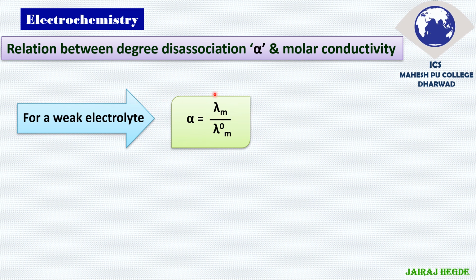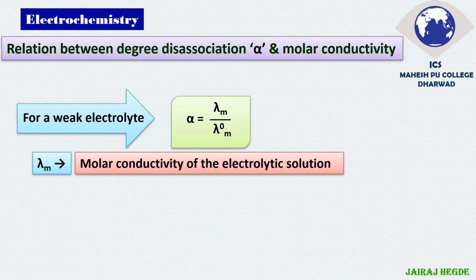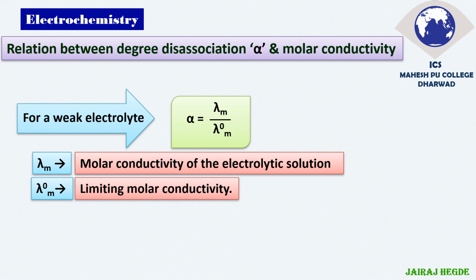Here lambda m is the molar conductivity of an electrolytic solution at any concentration C, and lambda m naught is the limiting molar conductivity or molar conductivity at infinite dilution.